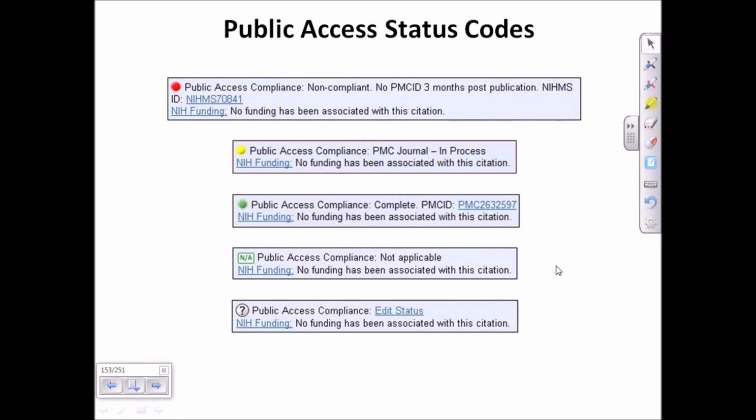And then the question mark means that NIH cannot identify the grant that was supporting that paper. Maybe the author forgot to acknowledge the grant. There's just no information. So that means you as the PI have to go into that paper and link it to your grant and say, okay, here's the grant or grants that supported that paper.